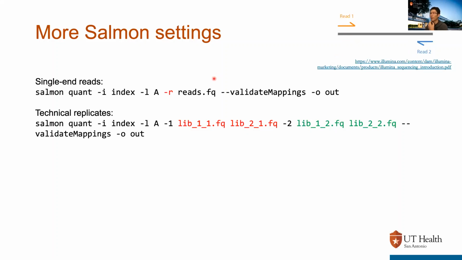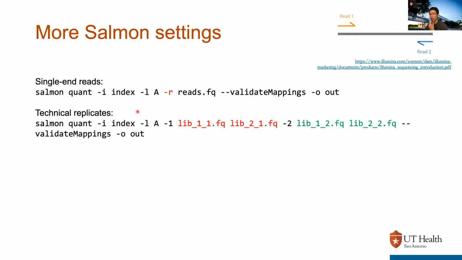If you only have single end, which means you only have a single FASTQ per sample, you can use the -r right here. It specifies that you are running the single end mode, so you only need to feed the function a single FASTQ file, not R1, R2. In our example, we have -1 FASTQ R1 and -2 FASTQ R2.